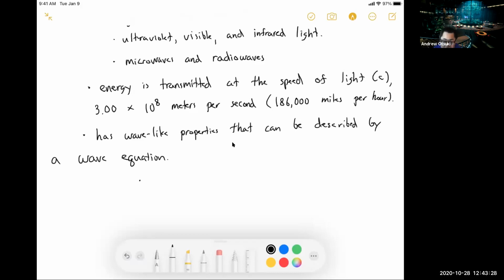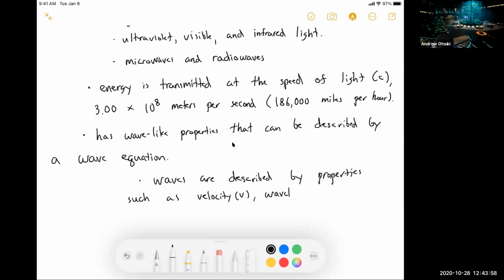So the equation is like this: waves are described by properties such as velocity, wavelength, and frequency.